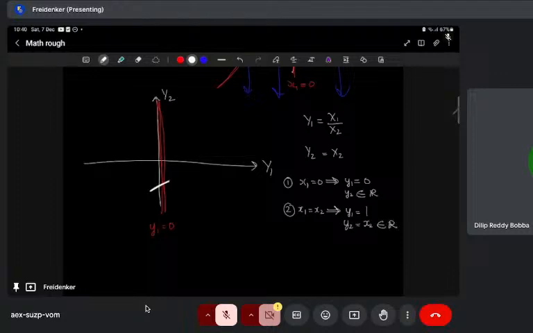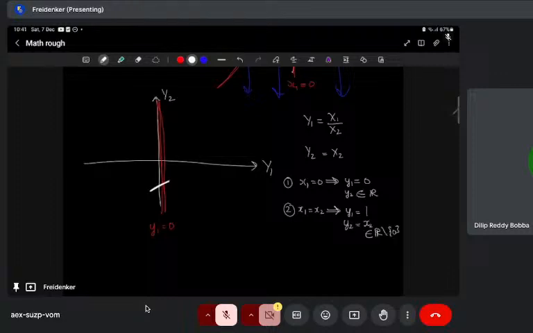But you have to be careful. Can x2 be 0? If x2 is 0, x1 also has to be 0 because x1 equal to x2. But then 0 by 0 is undefined. So we will say that x2 belongs to the real numbers except 0.